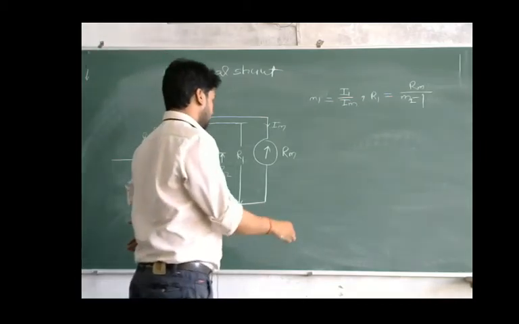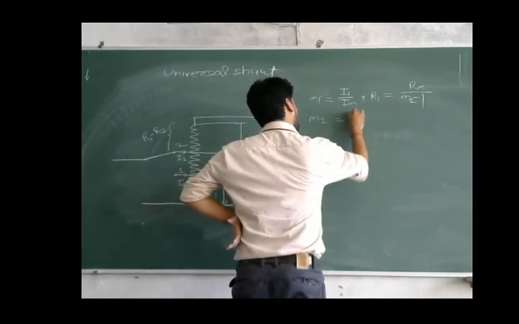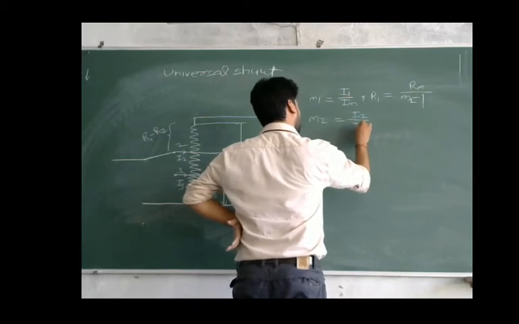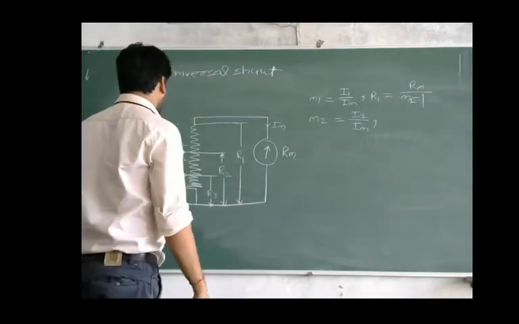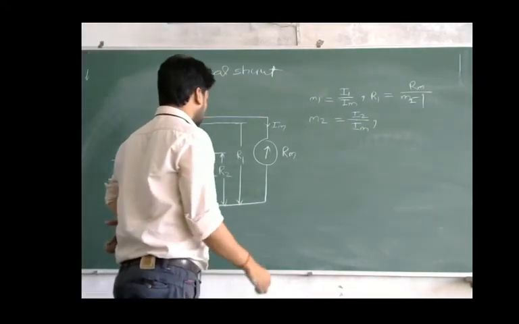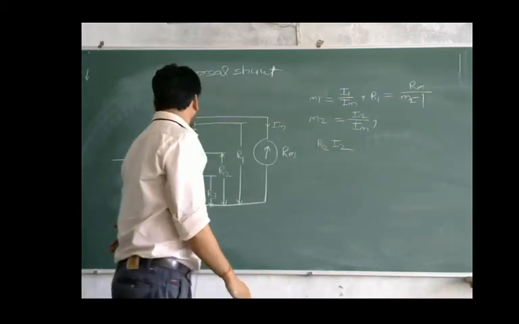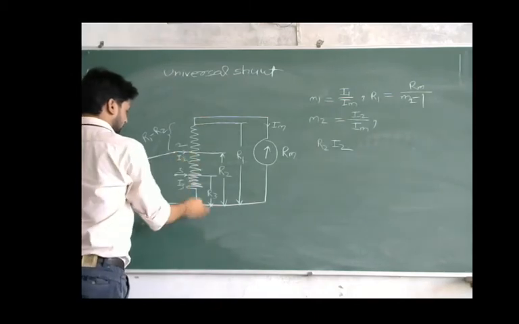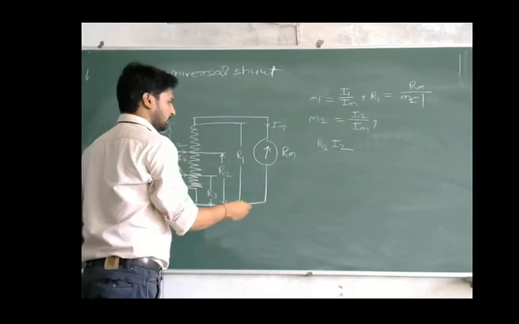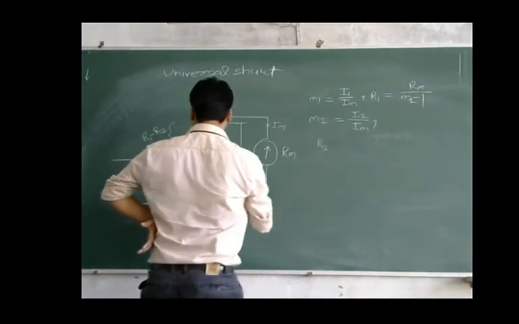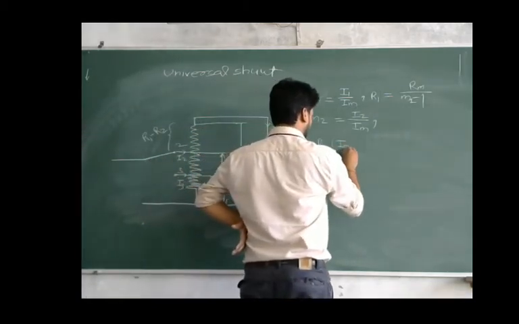So we can write the equation as M2 is equal to I2 by Im, and to find out the value of R2, we can write R2 into I2 minus Im.